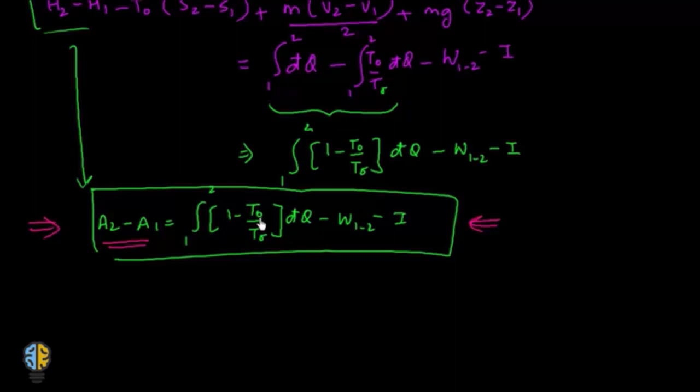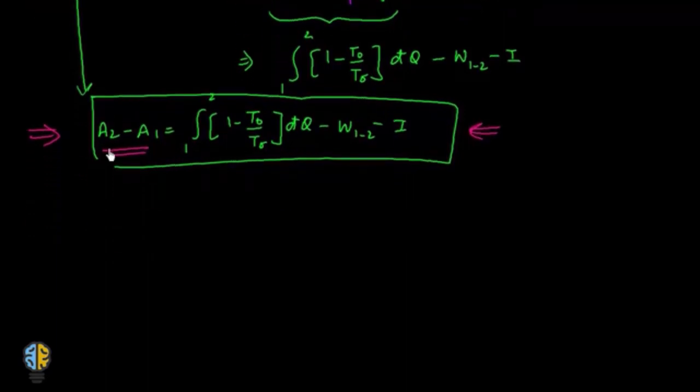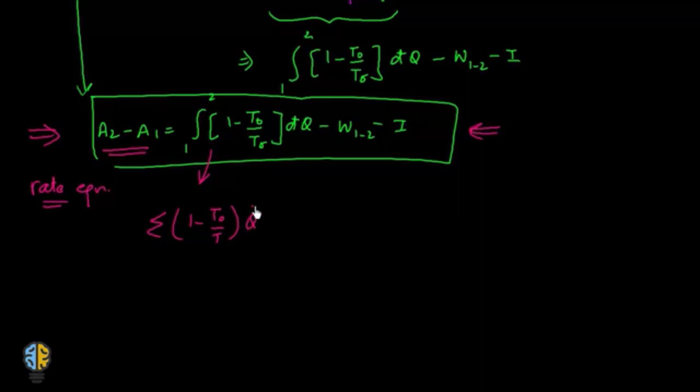Now if you want to get a rate equation, a rate of change, the integral would be replaced by a summation sign: the sum of (1 minus T naught upon T) into Q dot, which represents the rate of flow of heat, minus the work transfer rate from the control volume, plus m dot, that is the mass flow rate, into (AF1 minus AF2).